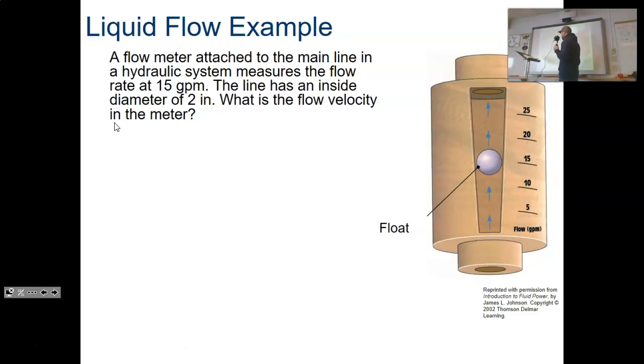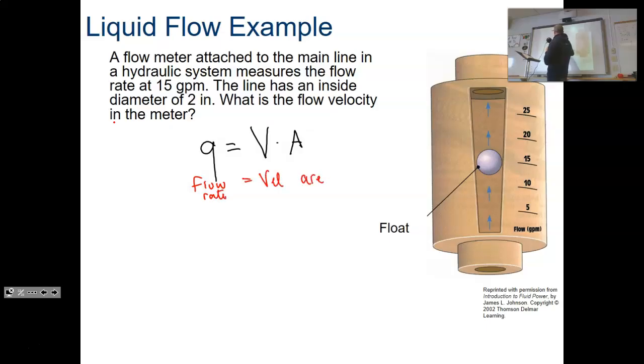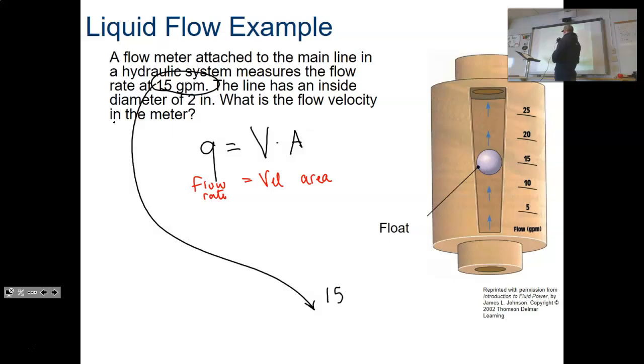Let's figure this out. So we've got this Q equals V times A, where Q represents the flow rate, V is the velocity, and A is the area. Right here, it says 15 gallons per minute. So that's my flow rate. So I'm going to take 15 gallons per minute.